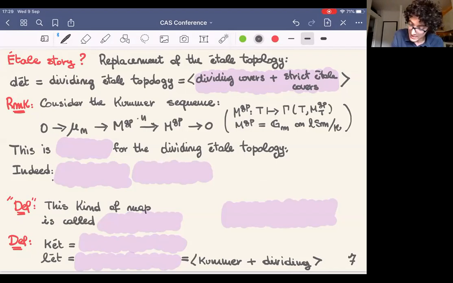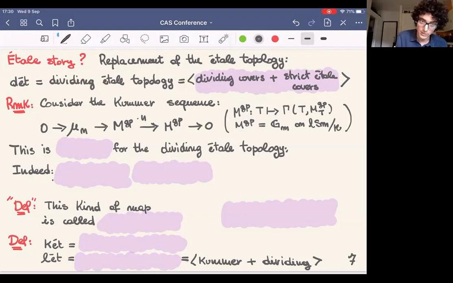For a log scheme T, the global sections Γ(T, M^gp) restricted to T is a group completion of the monoid associated to T, giving you the log structure on T. If you restrict yourselves to log smooth schemes with compactifying log structures, which is exactly what we are considering here, then this gadget is not so exotic, it's just G_m. So the sections on the log scheme are just the sections of G_m on the open complement of the boundary. And so it's not so scary.